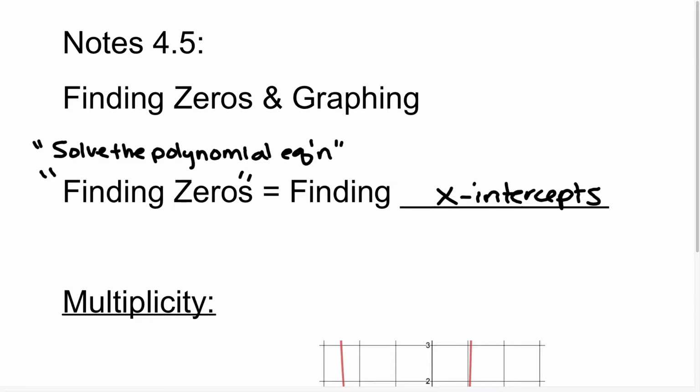Now, we also had this discussion back in chapter 2 that because of the shape of the quadratic, it was a parabola, it was U-shaped. There were some times when the parabola didn't cross the x-axis. So remember that if we're finding zeros or solving the equations, we're finding the x-intercepts only for the real zeros.